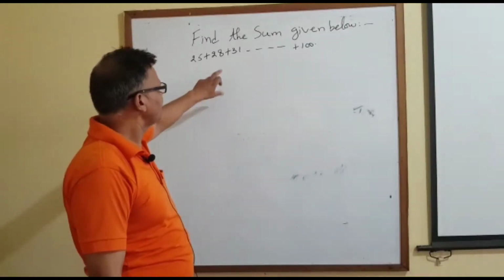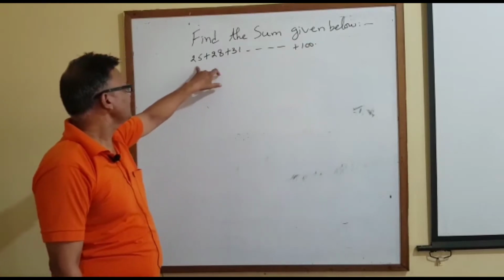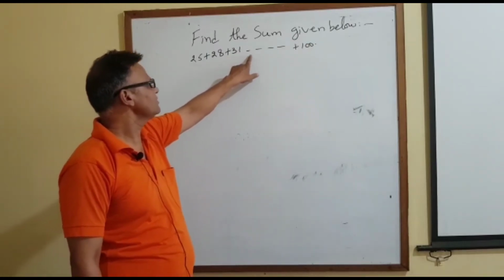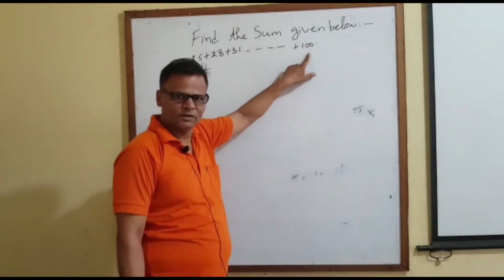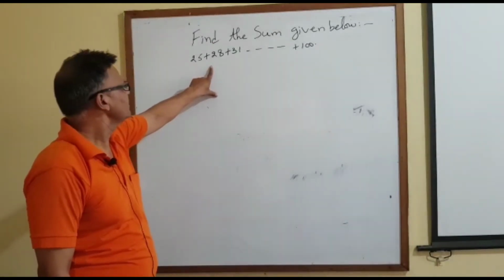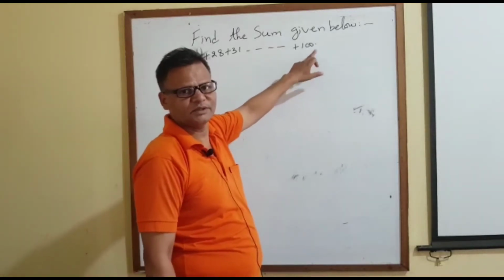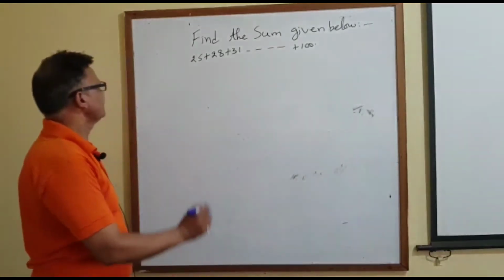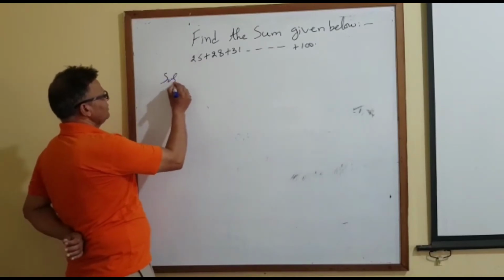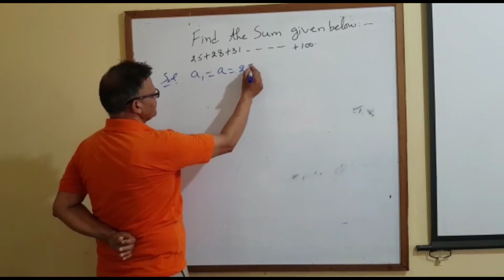Now we take the second problem. Find the sum given below: 25 plus 28 plus 31 and so on, plus 100. So look at the statement carefully. In this we are given the last term, so we use the second formula here. First of all we will find a1, a is equal to 25.